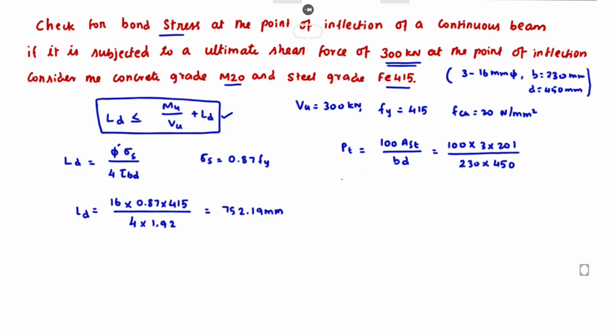So the percentage of steel pt is 0.583 percent.